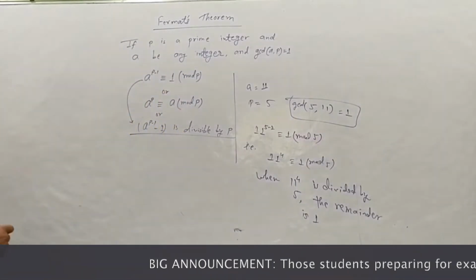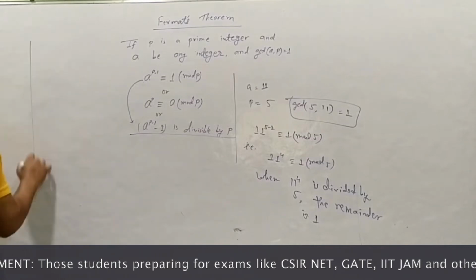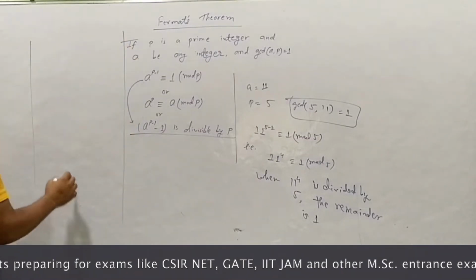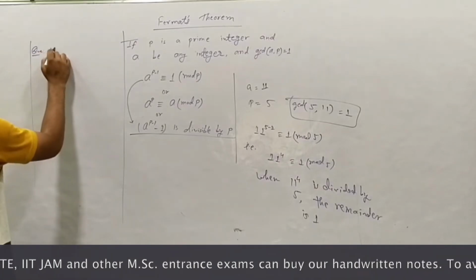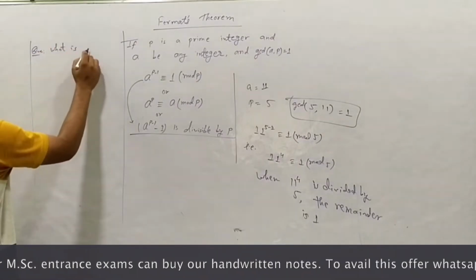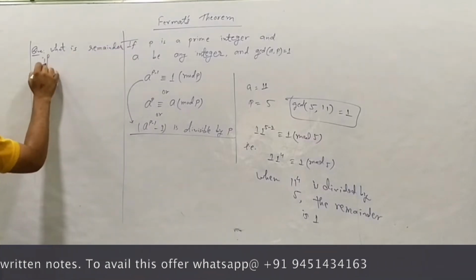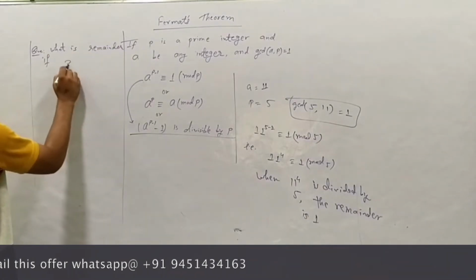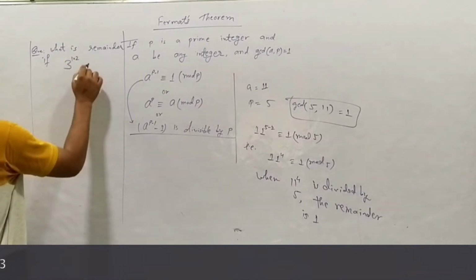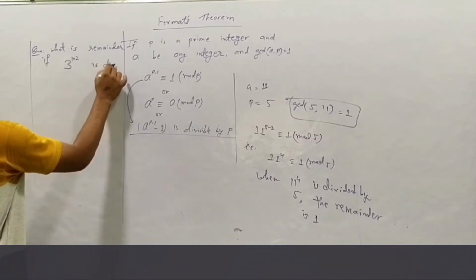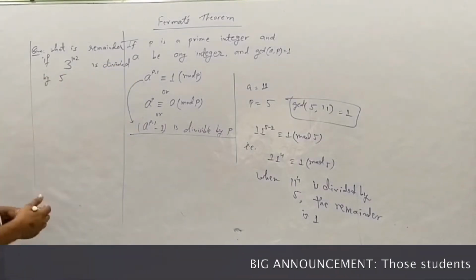Let us see some other examples. Suppose we write a question: what is the remainder if 3 raised to the power 102 is divided by 5?